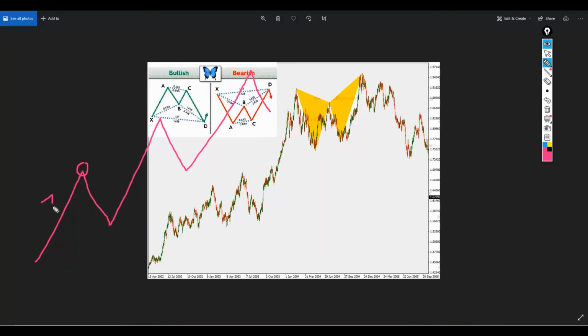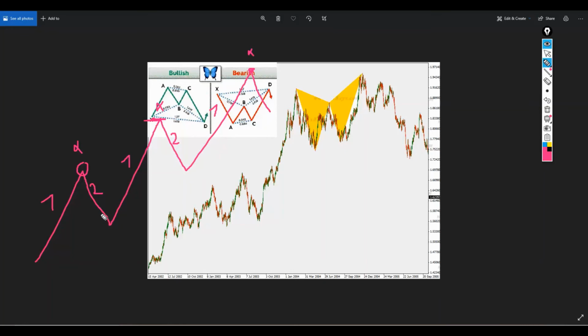This is phase one, this is phase two, phase one, phase two, and phase one. We expect to see this pattern forming at the end of the phases. Here, for example, this is the phases, this is the phases, and this is the phases. If we can find this pattern at the end of these phases, we are able to get good profit here.